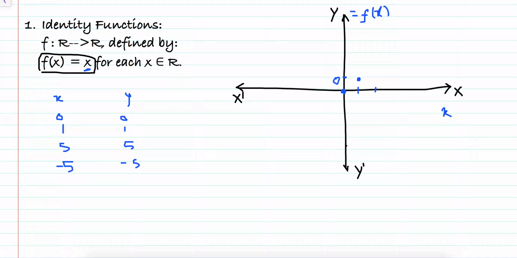And then 2, 3, 5 is somewhere here. For 5 it will be somewhere around here. For 3 it will be here, because f(x) for 3 is 3. For minus 5 is somewhere around here. So when x is minus 5, y is also minus 5.